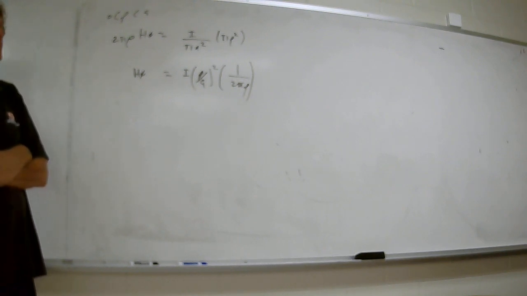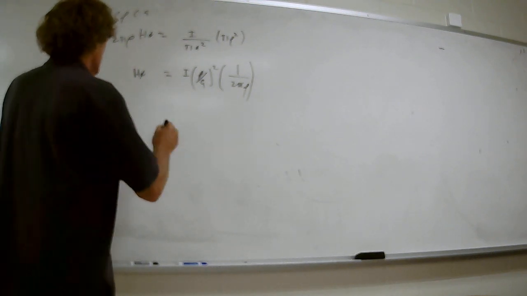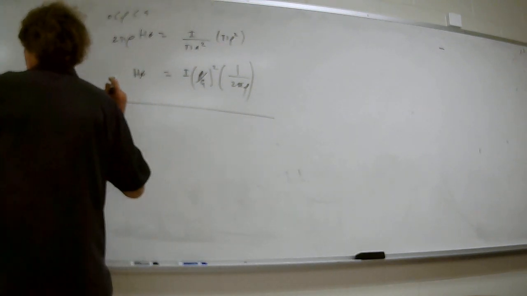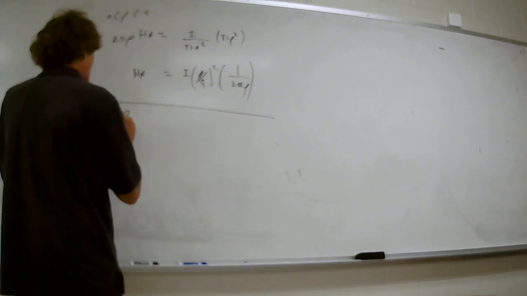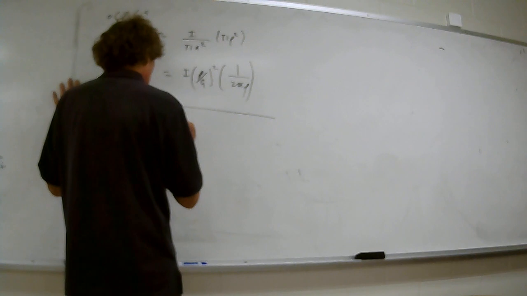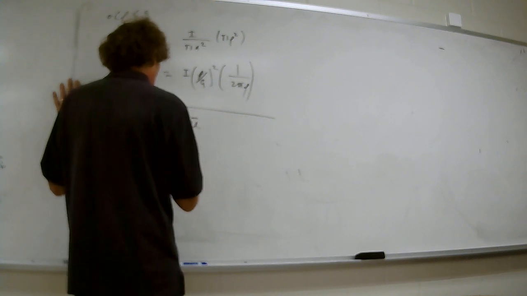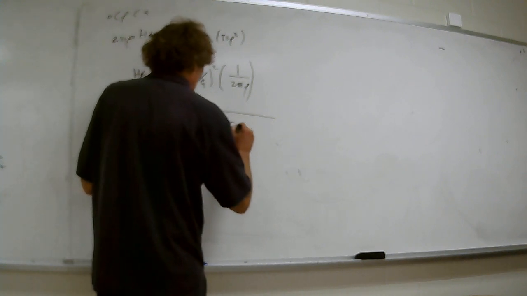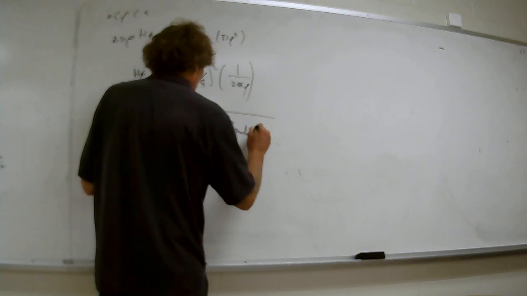Now, when you get outside of where the wire exists, or where all the current density exists, for rho greater than a, when you look at Ampere's law, the integral of h dot dl around that closed loop is still equal to the I enclosed, right?